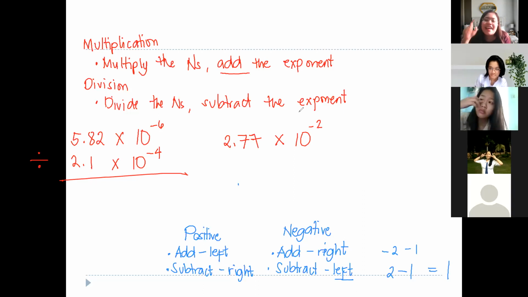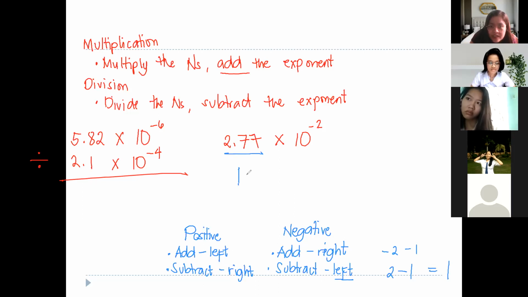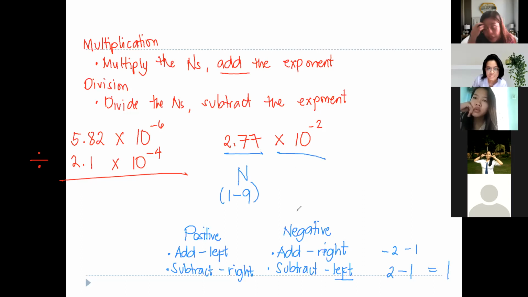Okay na siya. Again, if we don't yet follow the rules sa significant figure, then this is actually okay. The capital letter N, take note, this one here, let me change my pen. This one here is our capital letter N. Nag-follow na siya sa format that is from 1 to 9. So this is 2.77. And then we have here the exponent times 10 raised to the power of negative 2.